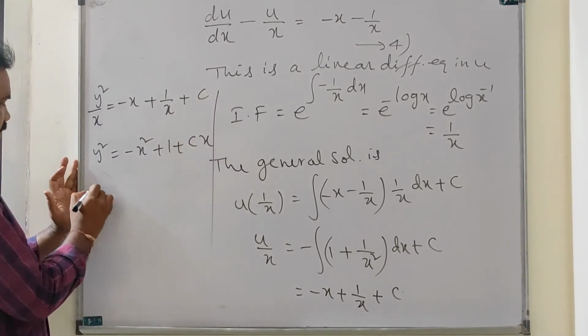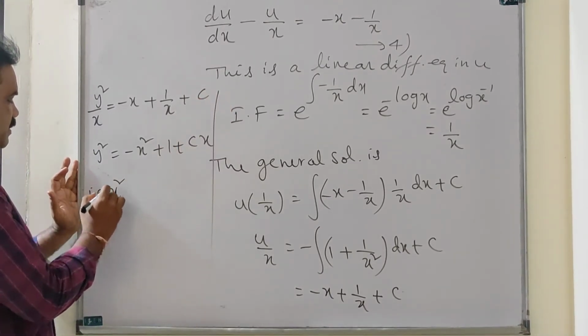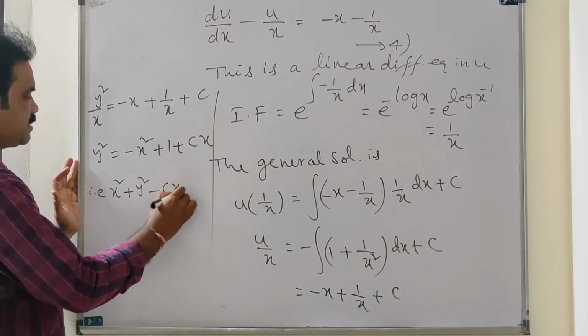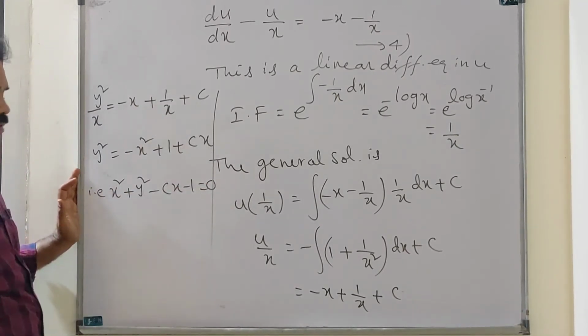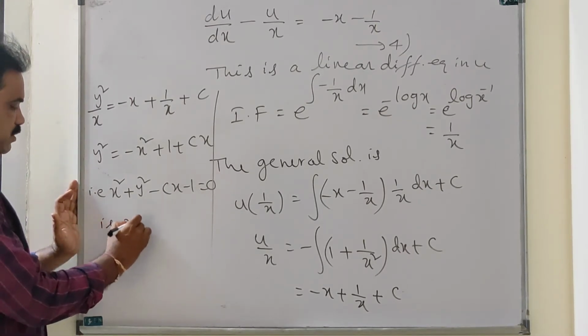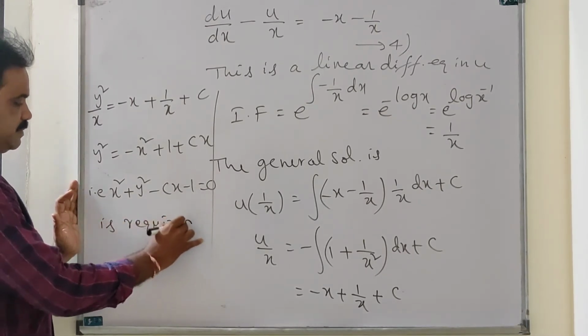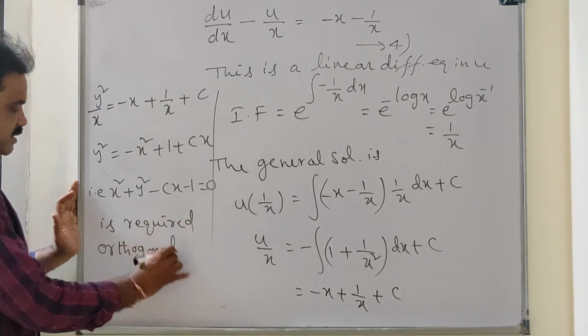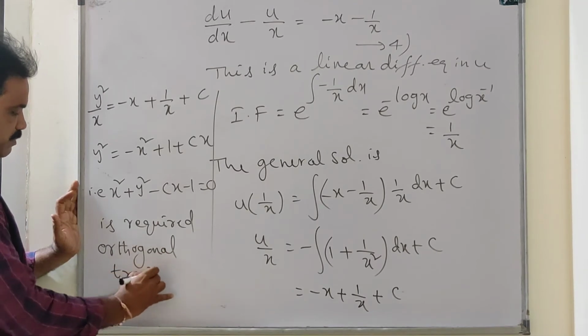That is x square plus y square minus cx minus 1 equal to 0, where c is a parameter. This is the required orthogonal trajectories of the given family.